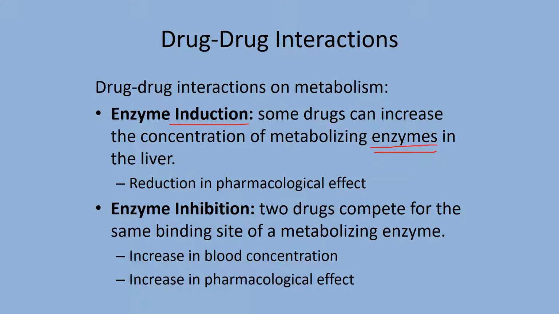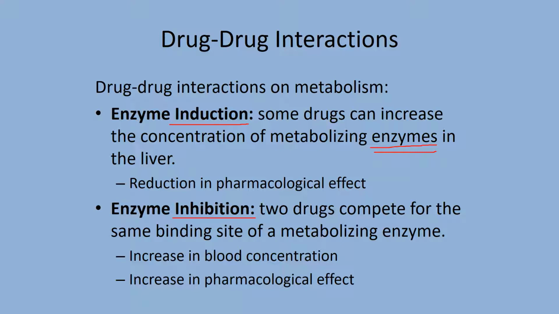They're going to produce a lot of those liver enzymes that metabolize alcohol, alcohol dehydrogenase, acetaldehyde dehydrogenase. Whereas if you don't drink at all, your body's not going to waste its time making these enzymes to break down alcohol. So in the alcoholic, you'll get a reduction of the pharmacological effect. That means they'll need to drink more and more alcohol just to get the same effect.